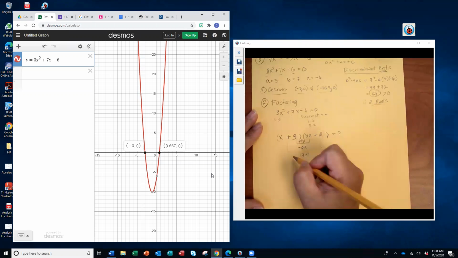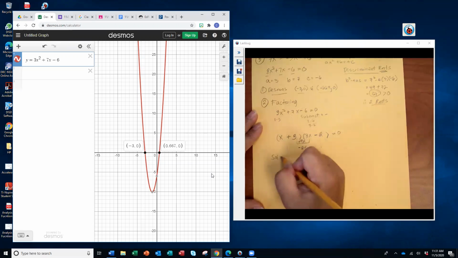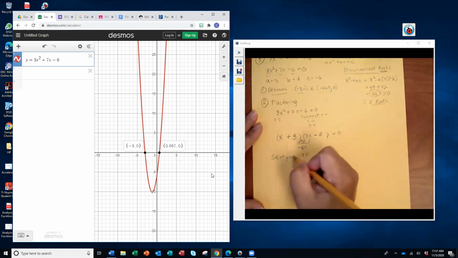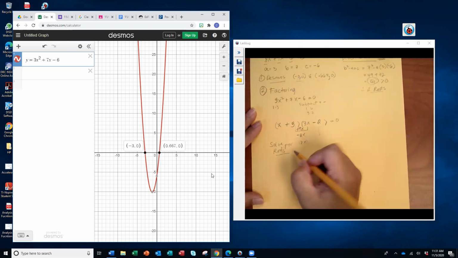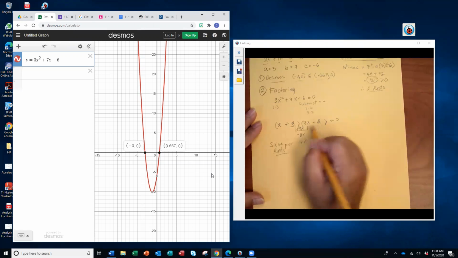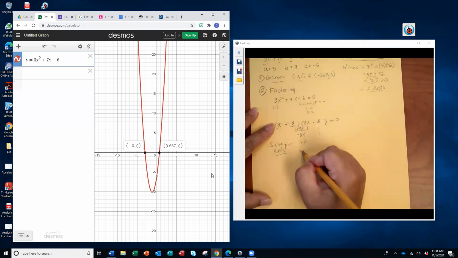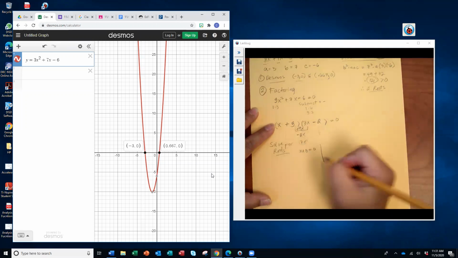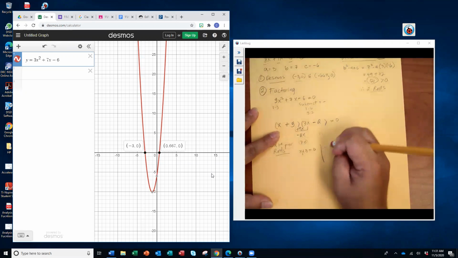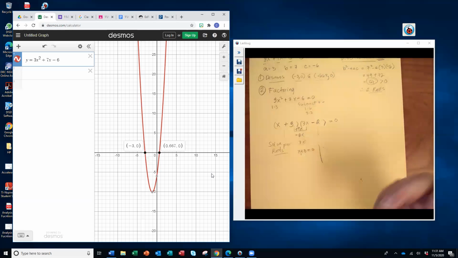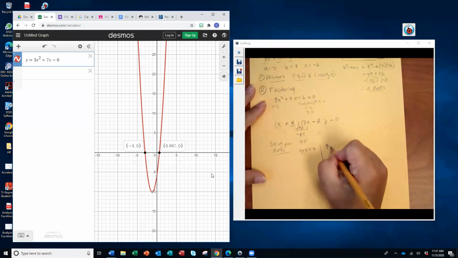So the factored form is done, and I'm about to solve for the roots. You separate the groups. One factor, x plus 3 equals 0. That's one root. The second will be 3x minus 2 equals 0.